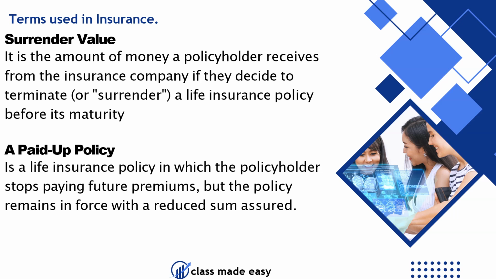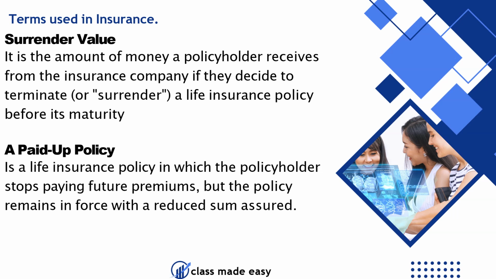So the insurance company is going to come back and pay you what they call a surrender value. It is an amount that you are going to receive because you have midway terminated the contract.